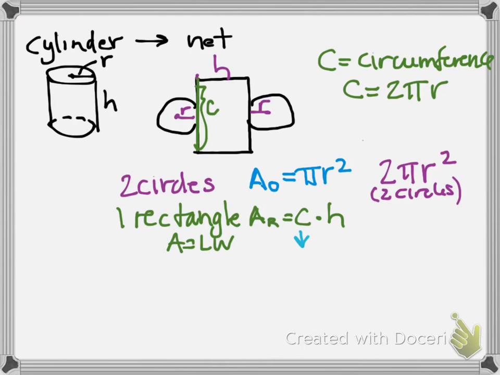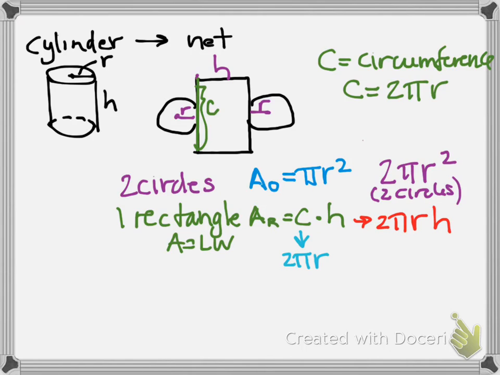What's the formula for the circumference of a circle? It's written up there. 2 pi r. So if we put those together, 2 pi r to represent the circumference and h to represent the height, there's our length and our width, and this is represented by 2 pi r h.